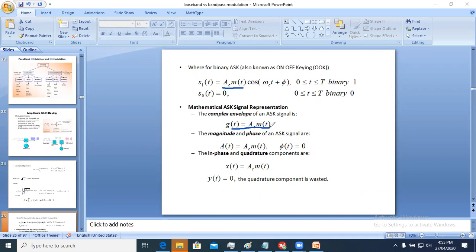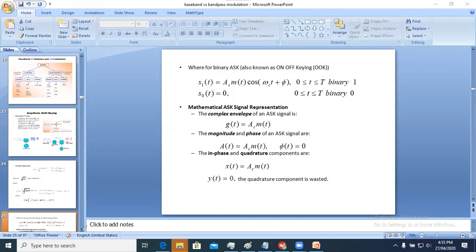So here in the digital version, we also have the message in the complex envelope. So this is the magnitude and this is the phase, and we have the magnitude and phase of the signal. If we want the in-phase and quadrature-phase representation of the signal, then we have only the in-phase component present in the signal, and the quadrature-phase component is missing, or we can say it is 0.